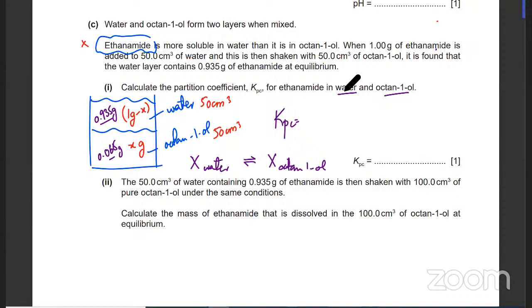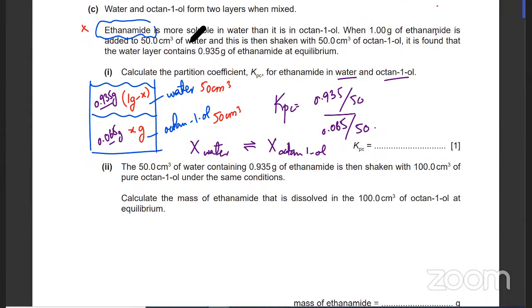So whatever is written first, that's your numerator. The other one is your denominator. So it's going to be 0.935 over 50 for water, and the other one is 0.065 divided by 50. So you'll find your K_PC.